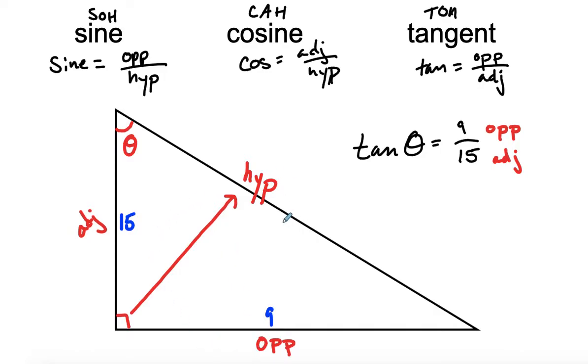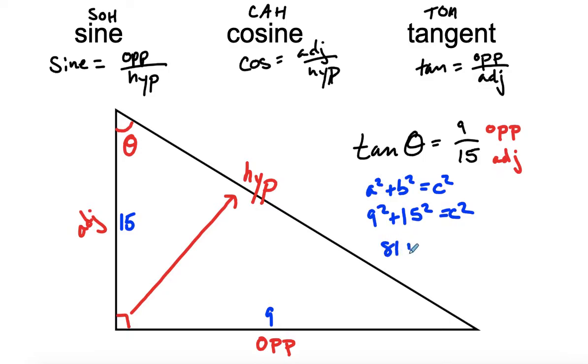There we go. We've put all the information we know inside of the triangle, or that we were given, I should say. We know a lot more about this triangle. For example, we could find the hypotenuse. Using the Pythagorean Theorem, we know that a squared plus b squared equals c squared, meaning the two short sides of a right triangle, the 9 and the 15 squared, added together will give us the length of the hypotenuse. So I could say 9 squared plus 15 squared equals c squared.